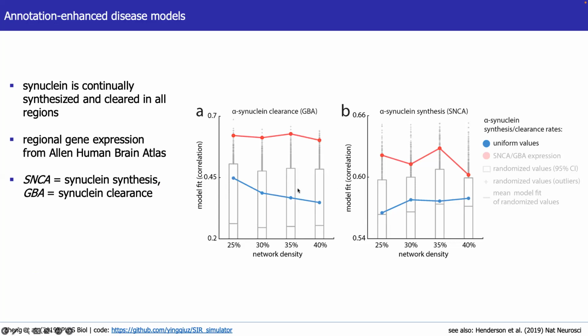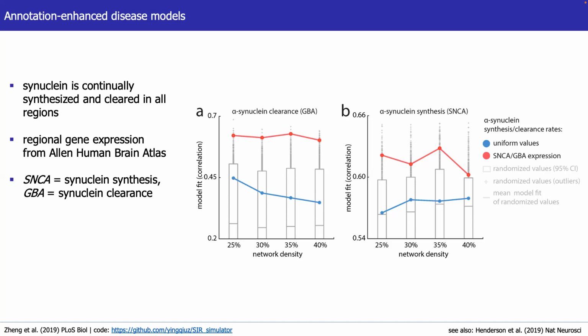So you do relatively well. But in red, what we did was to say, well, actually, we know the gene that codes for synuclein. It's called SNCA. And we know the gene that codes for an enzyme to clear synuclein called GBA. So we went into the Allen Atlas and we simply said, okay, areas that have more expression of SNCA are going to synthesize synuclein faster. And areas that have greater expression of GBA are going to clear synuclein faster. Kind of a very simple hypothesis.